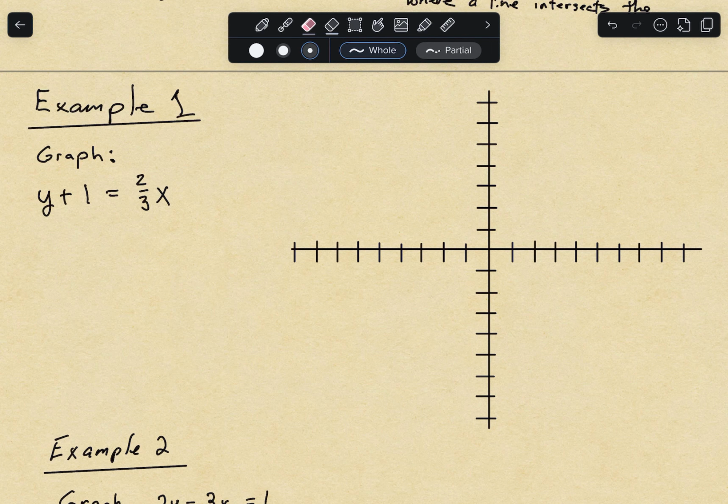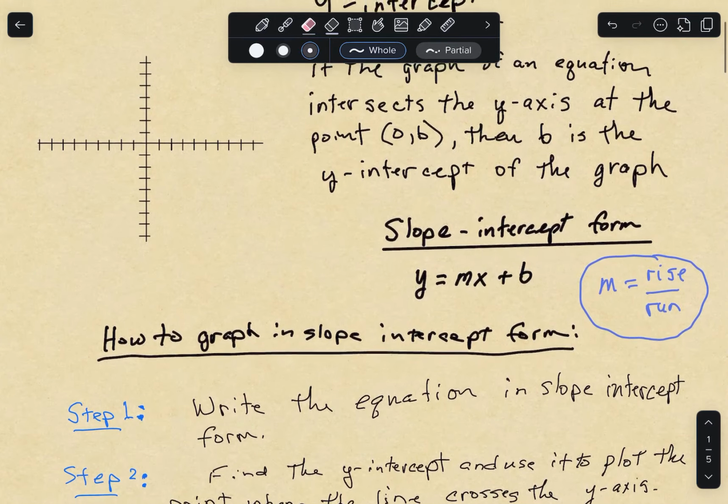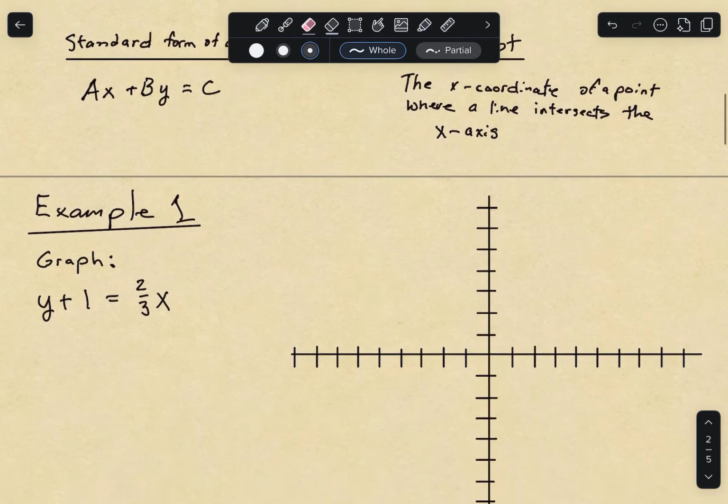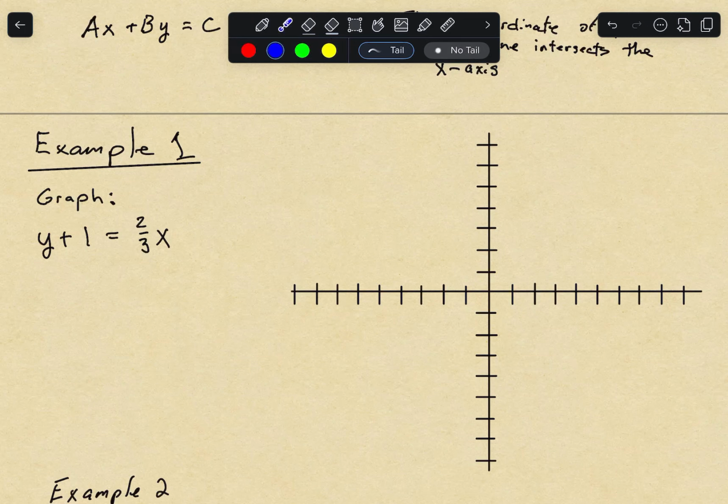Now example 1. If you look at example 1 here, it's almost written in the y equals mx plus b form. Almost, not quite. See this, there's a 1 over here. This needs to be brought over to this side.